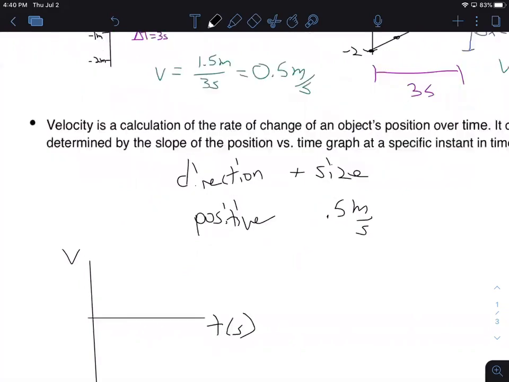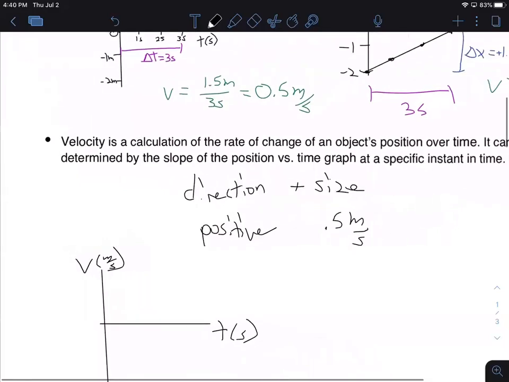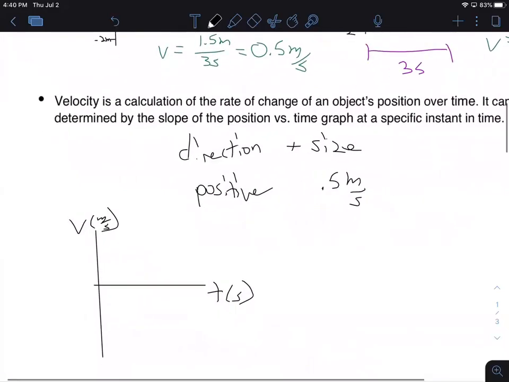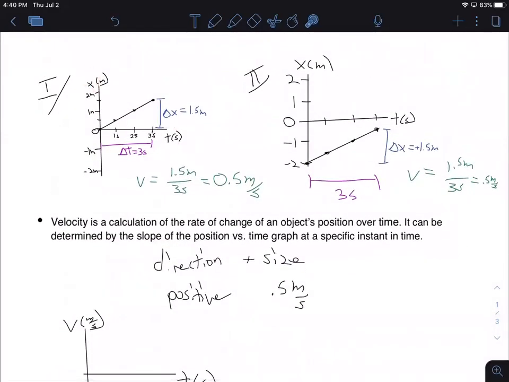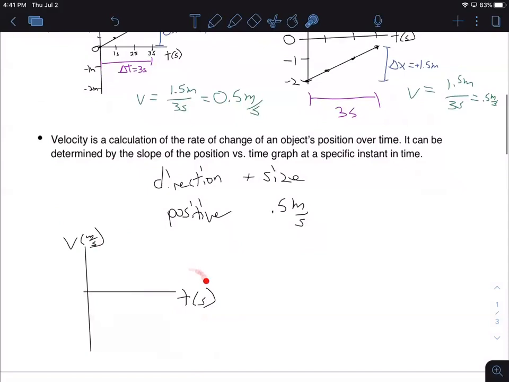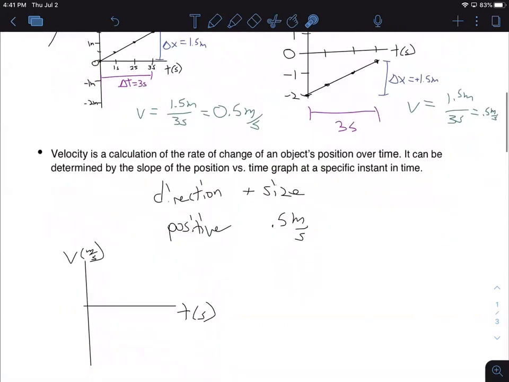And here's where it's going to become very important as we dive deeper into physics to pay real close attention to our graph labels. So here, position versus time. Now we're doing velocity versus time. This is going to be for the same object, the same motion, but these graphs are going to look different from each other because this one is velocity and this one is position.